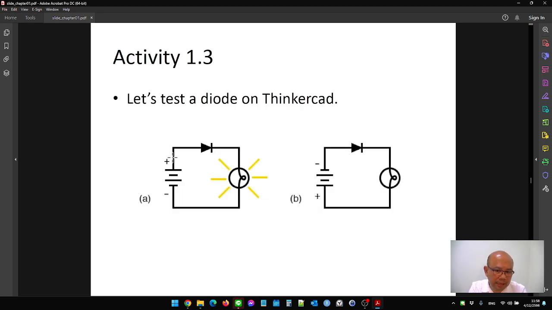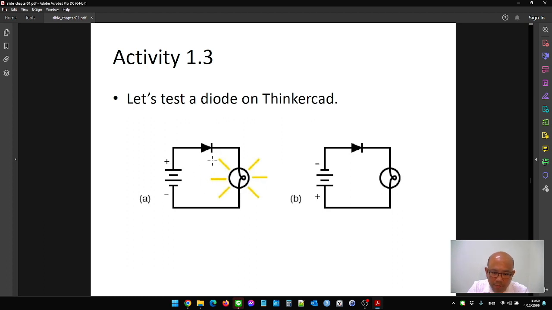For example, in this activity, I connect the diode into a circuit with a battery, diode and lamp. When I connect the positive pole to this side, it is called the anode, and this side is called the cathode. I connect positive to the anode, and the cathode connects through the lamp to the negative.